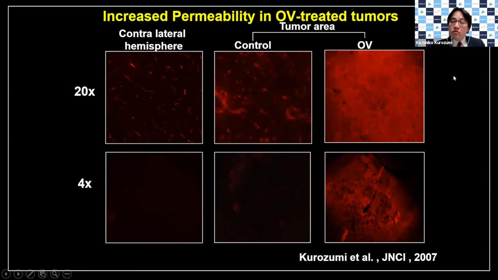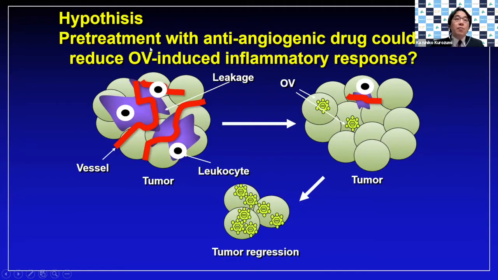Very interesting results. Then I hypothesized that pretreatment with an anti-glioma drug could reduce the inflammatory response. We used an anti-angiogenic drug, cilengitide, an integrin inhibitor. This reduces the number of vessels and tumor inflammatory cell infiltration, and viral propagation goes up.